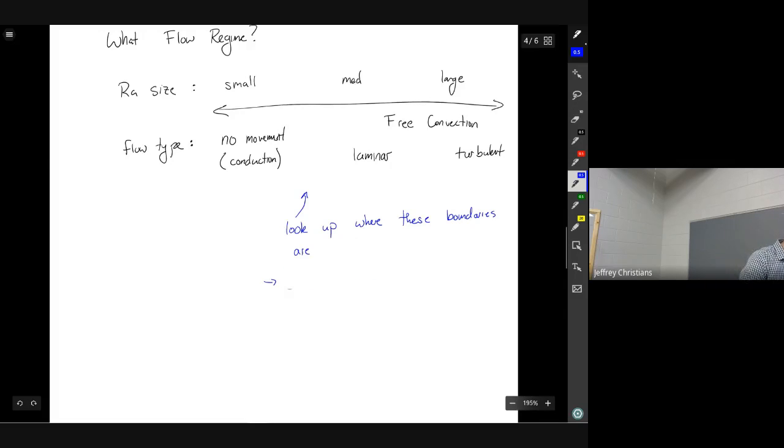For a vertical flat plate, Rayleigh number greater than about 10 to the 9 is needed for turbulent flow.